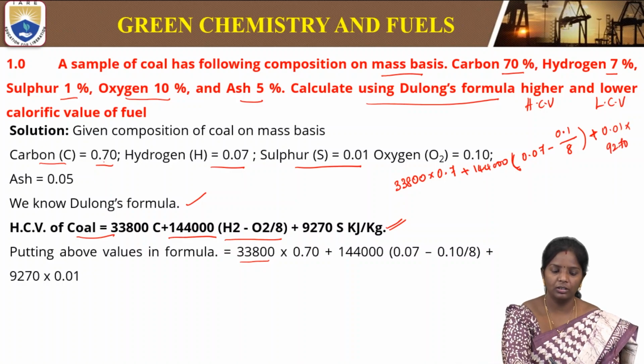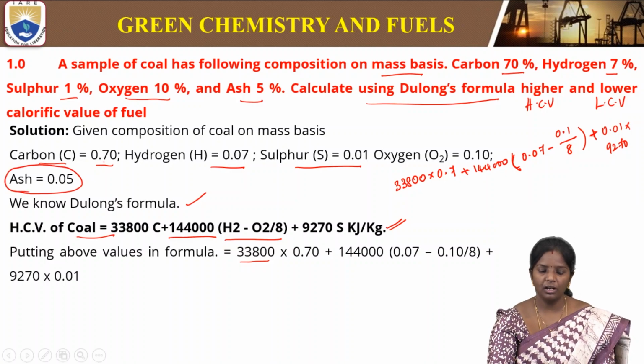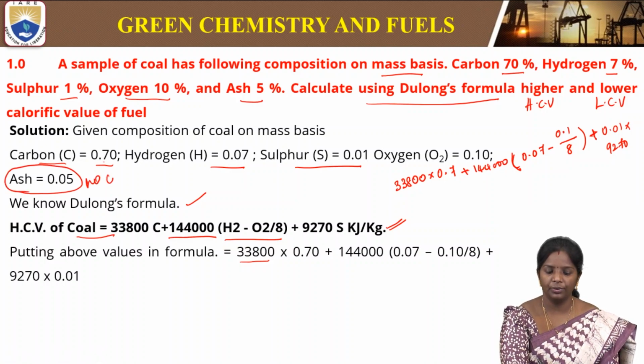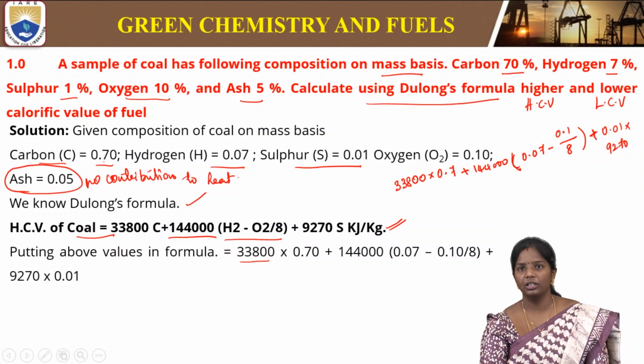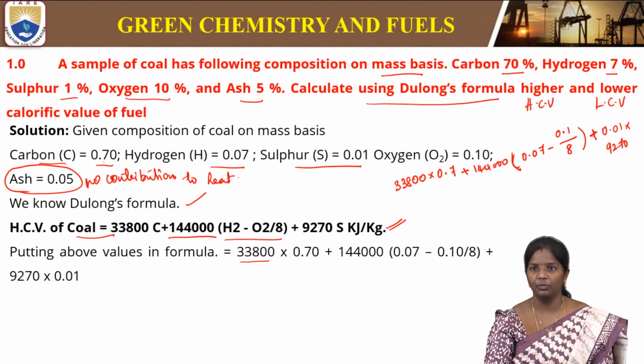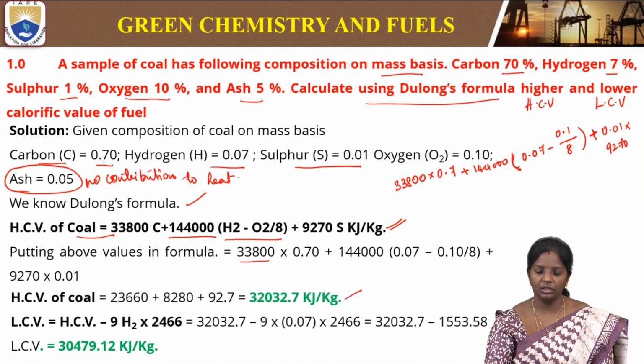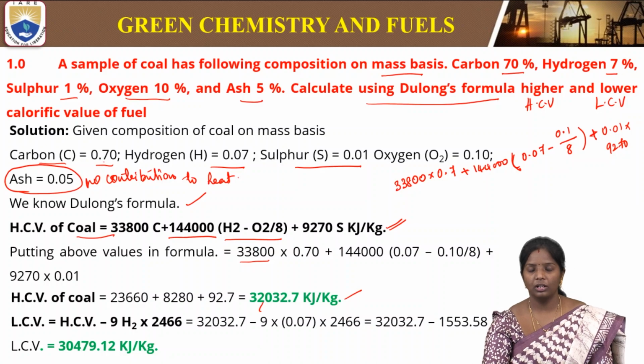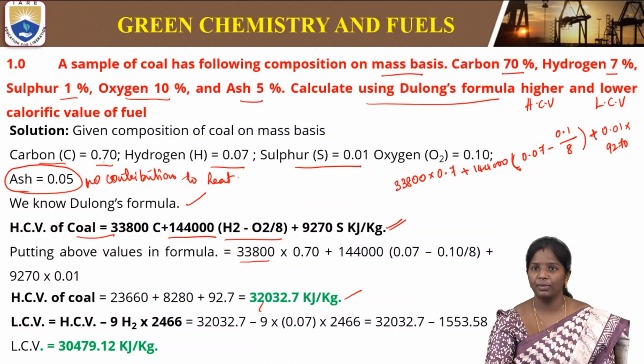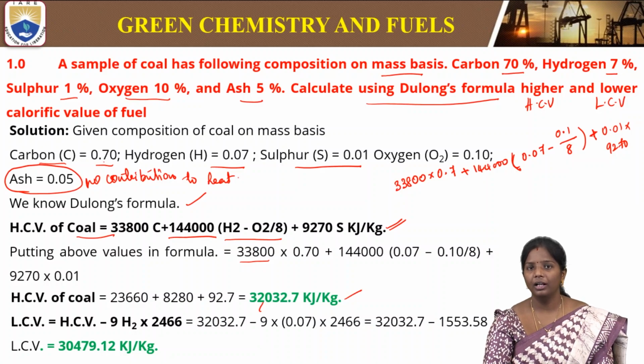Why are we not taking the ash into consideration? Because it has no contribution to heat liberation, so it doesn't involve in the calorific value calculations. After simplification, we get the value 32,032.7 kilojoules per kg. This is the higher calorific value, or the HCV value, of that coal sample.